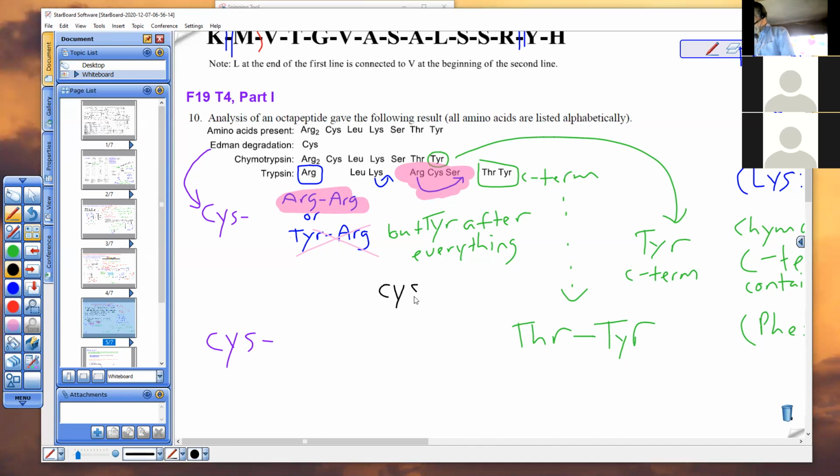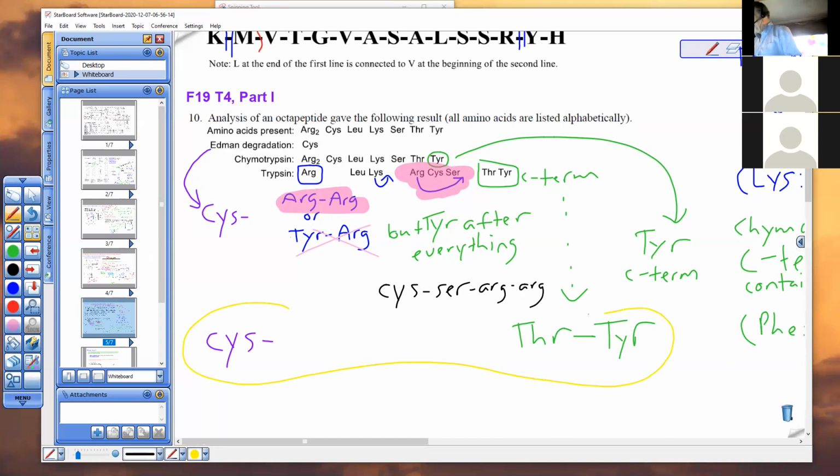Cys, Ser, Arg. That's 7 out of 8 amino acids done. This goes in here. The only question is, what is the 8th one? Well, I've got to do some scorekeeping because I lose track of where I am sometimes.